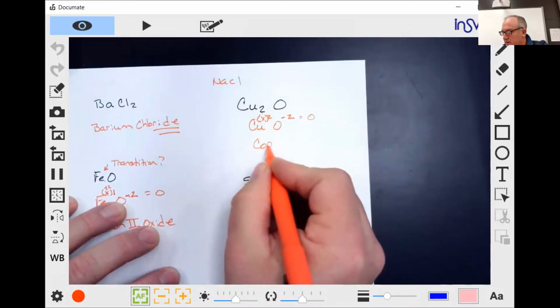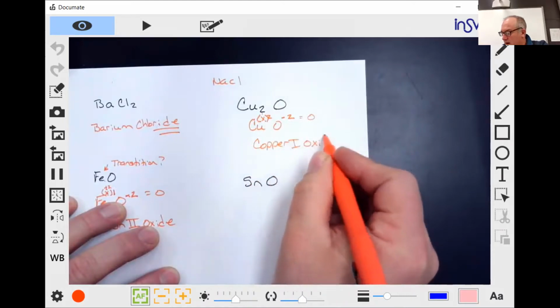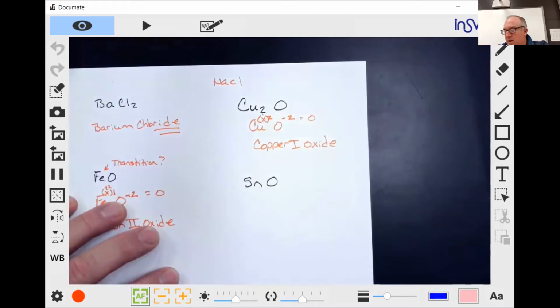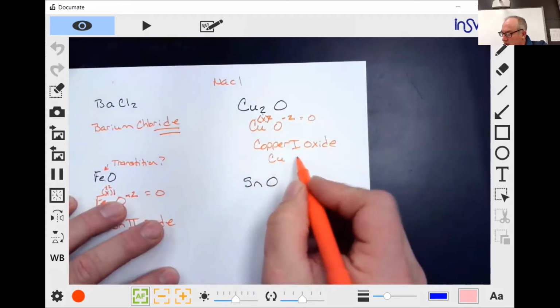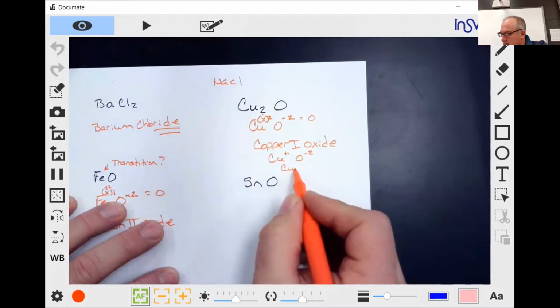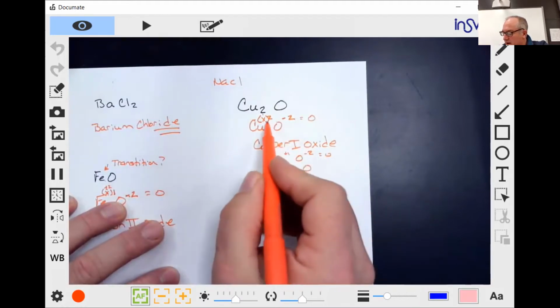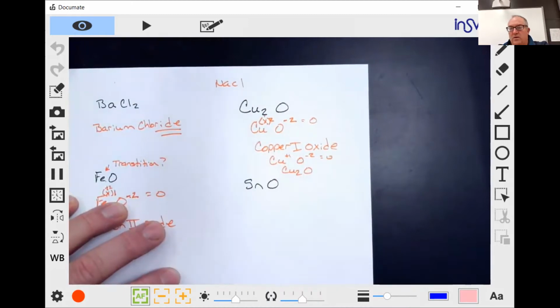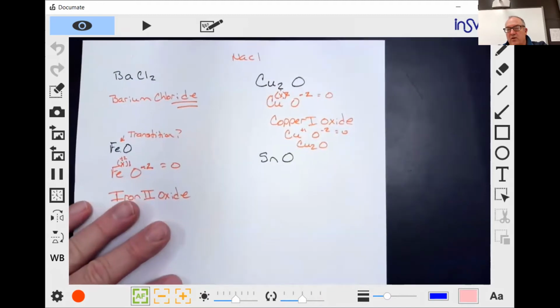So this has to be copper 1 oxide. And you can always double check your answers. I can do this backwards and go, oh, if it's copper 1, that's a +1. Oxygen is a -2. That means I have to have 2 coppers to get this to equal 0. And ooh, I look up there and it worked out. So I can always work my answers backwards to make sure that I did it correctly.